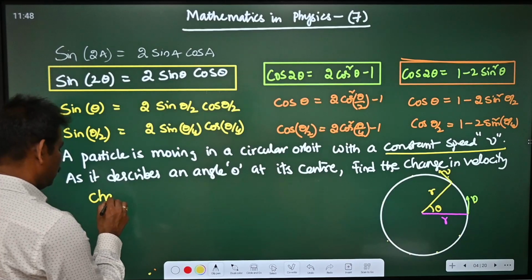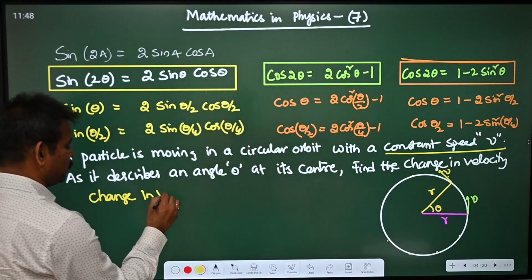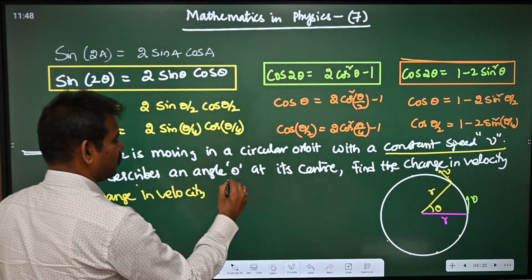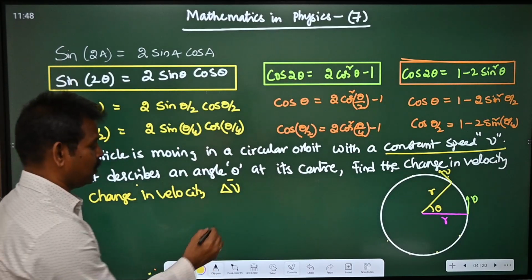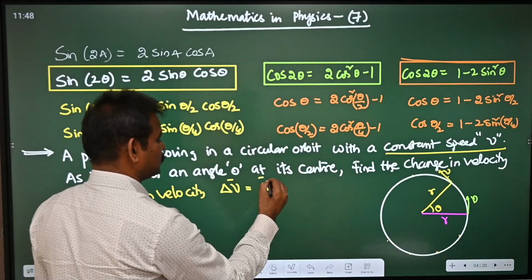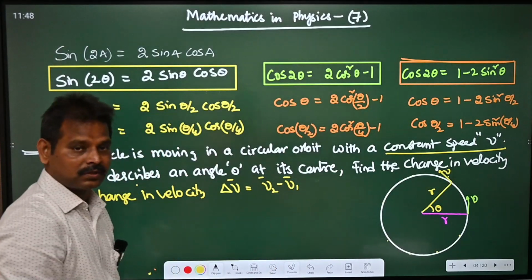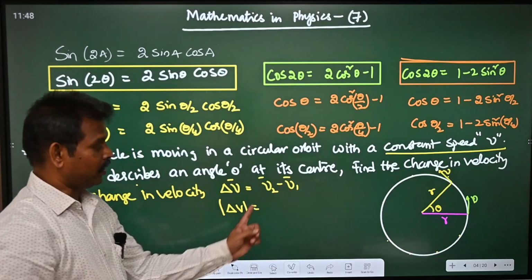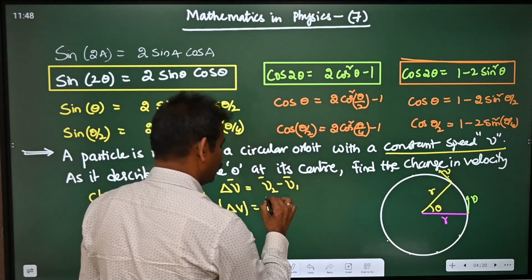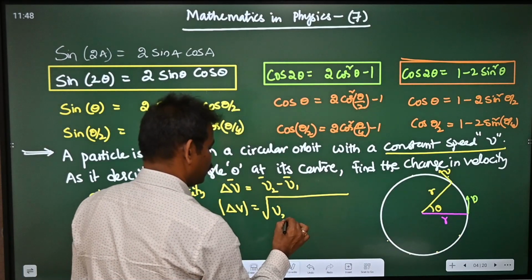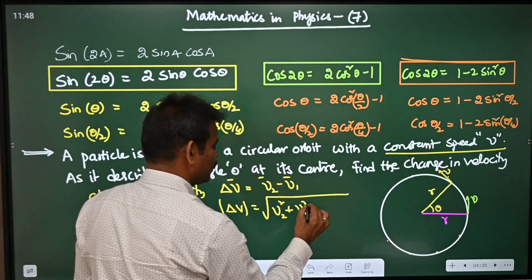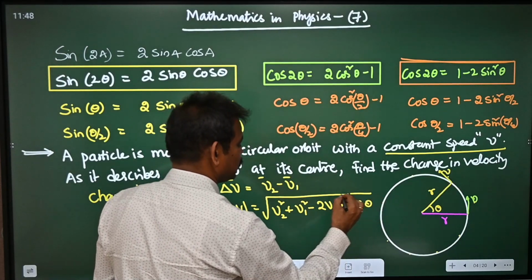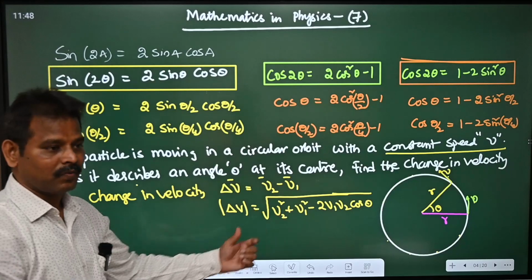So change in velocity is given by delta v. Change is denoted with the letter delta, which is equal to final velocity minus initial velocity. So the change in velocity magnitude is given by, in vector notation, we have this formula: v2 square plus v1 square minus 2 v1 v2 cos theta, is the formula to find the difference between the velocities.